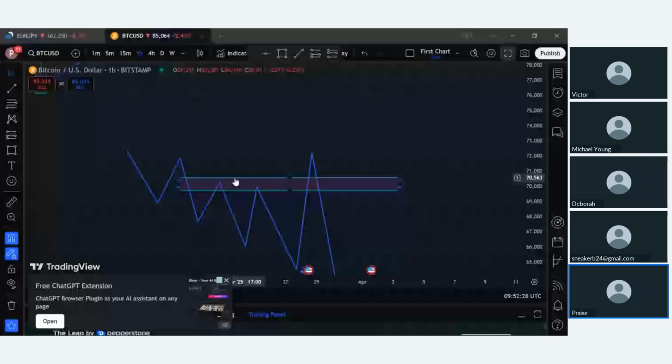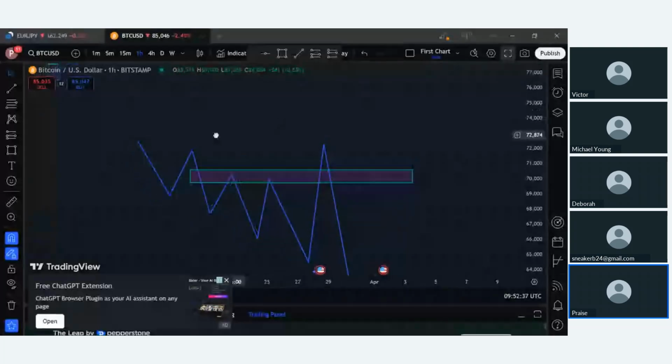Because this is a sell example, I'm going to be using supply. If you see a supply zone around here, even though your resistance is at this point, this supply zone can attract the market to that zone.